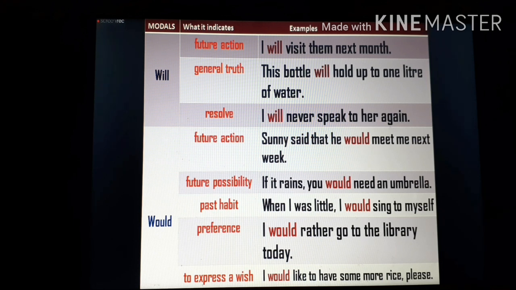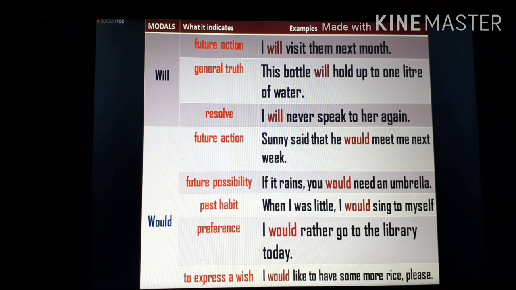This is a resolution. Would is the past form of will and is used to express future action, future possibility, past habit, preference, or to express a wish. Sunny said that he would meet me next week.